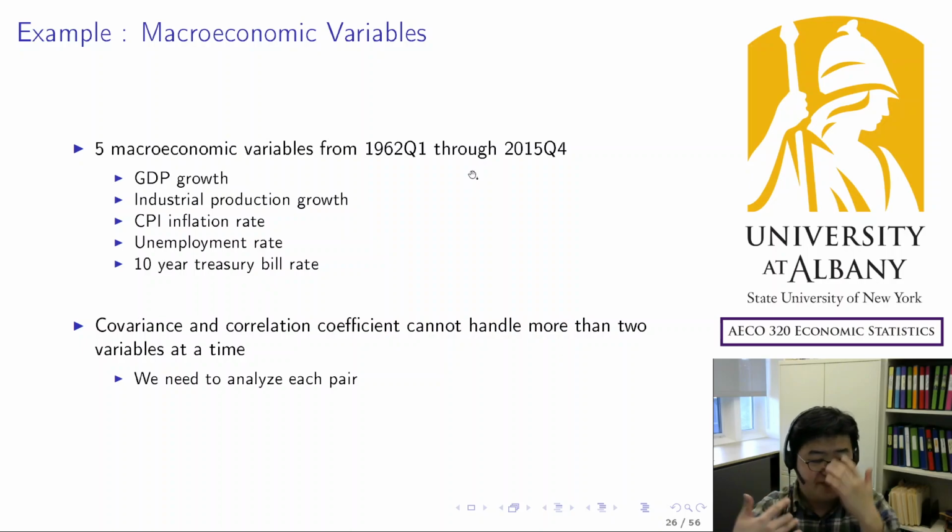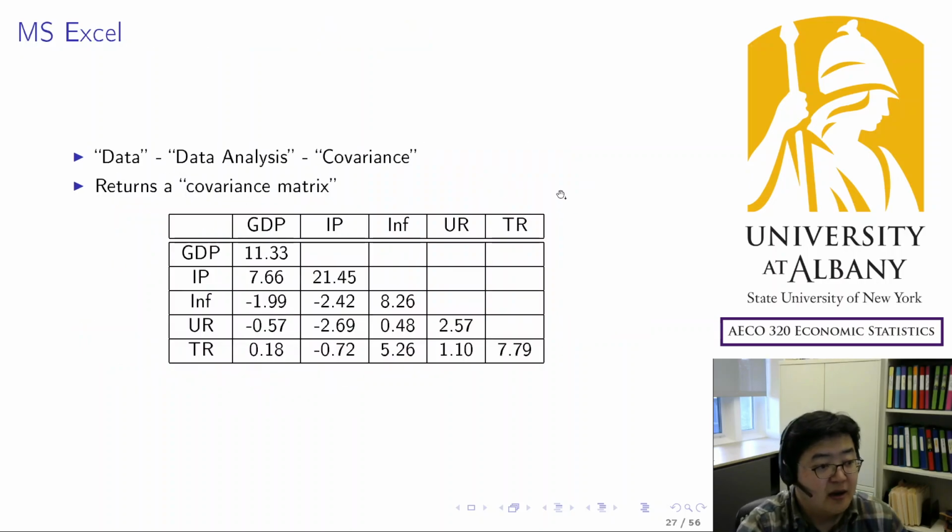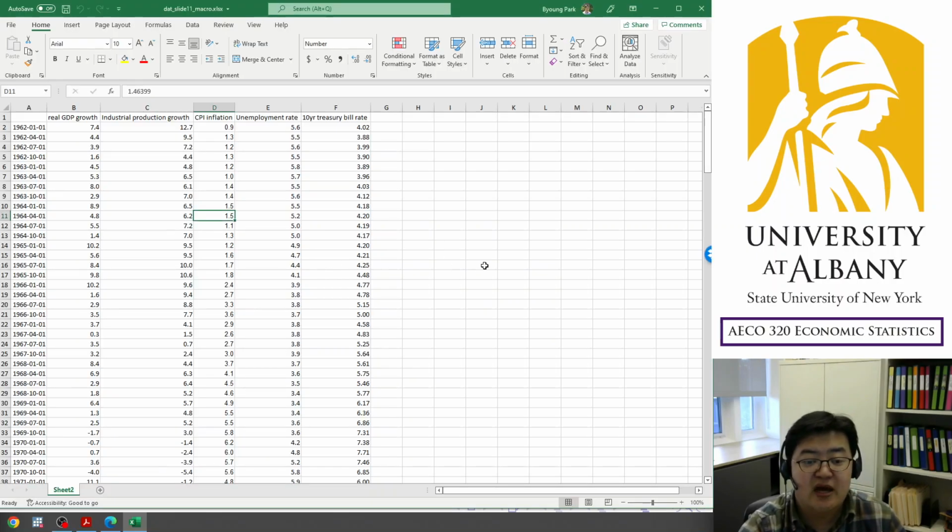So we have to just choose each pair of variables, calculate the covariance or the correlation coefficient, and repeat that for different pairs. That is actually built in on Excel. So we are going to use Excel again to handle that.